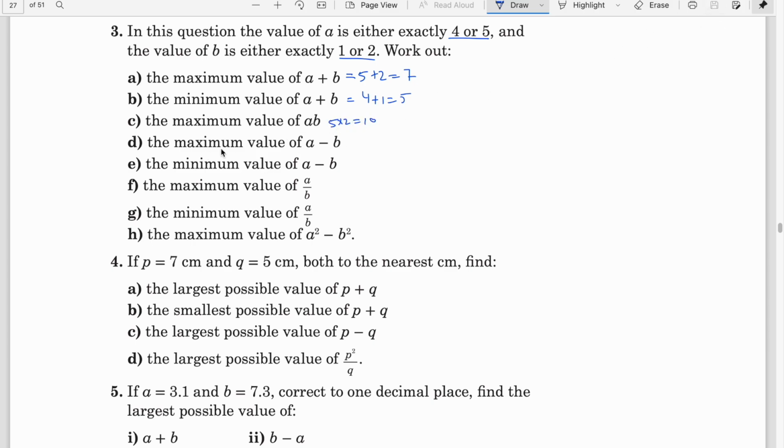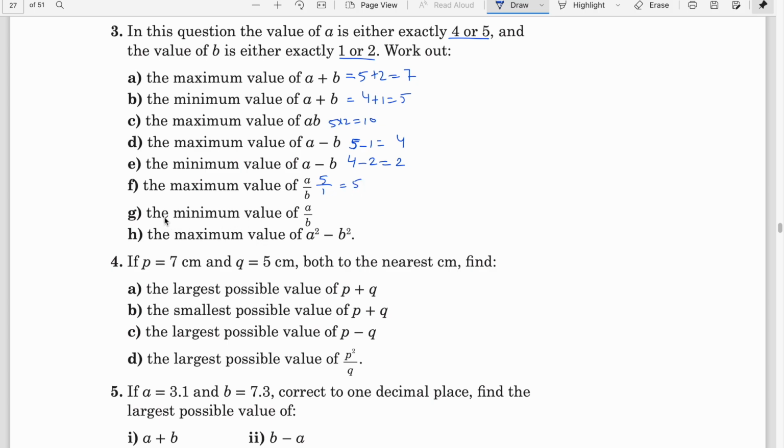And A minus B maximum value. 4 maximum. So we take maximum of A and minimum of B. Then minimum value of A minus B. Maximum value of A divided by B. So we take the numerator, larger number, and denominator, the smaller number, to get the overall greater value.